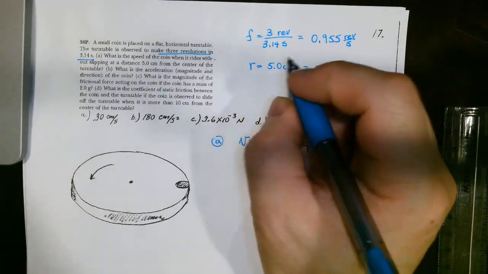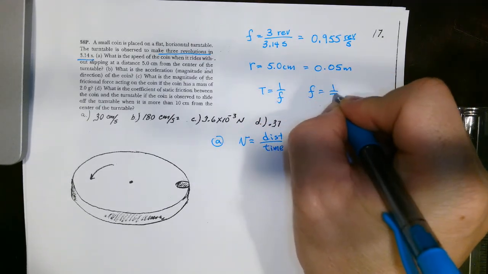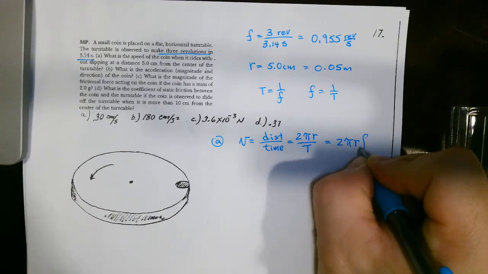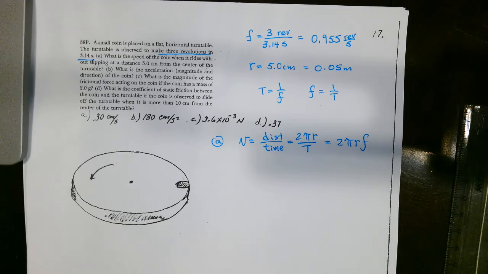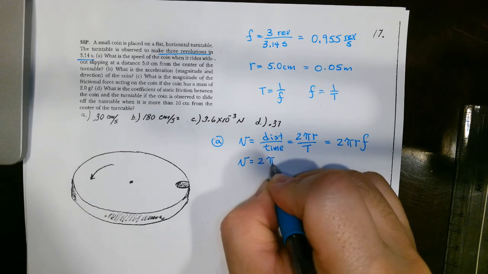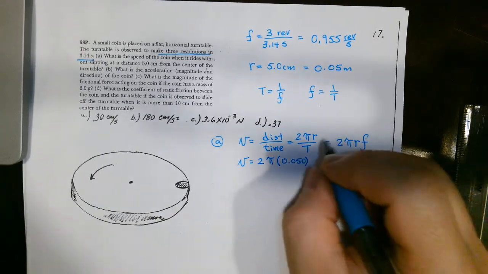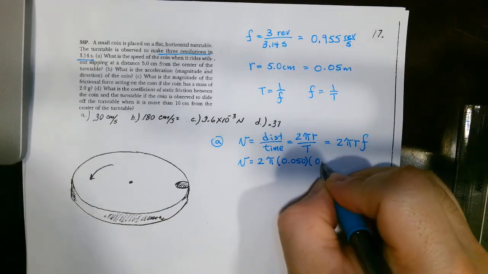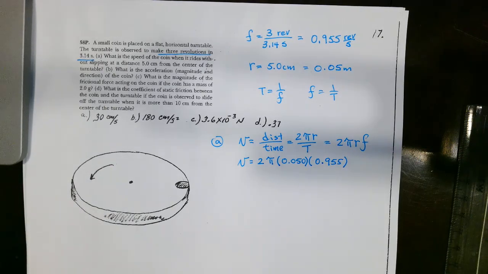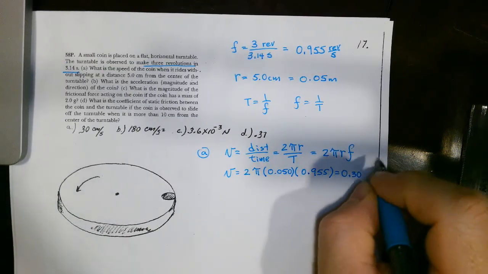But we know period is 1 over frequency, and frequency is 1 over period. So this is the same as 2 pi r f. So v is equal to 2 times pi times r, 0.05, times frequency, which we already calculated to be 0.955 revolutions per second, and it comes out to 0.3 meters per second.